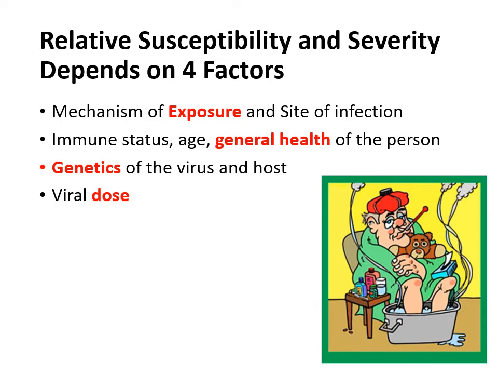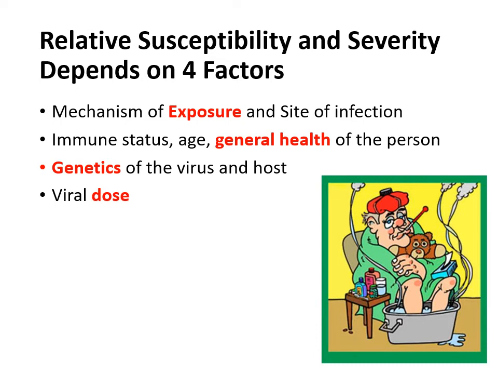So think about it. If someone is very, very young, so a baby, or very, very old, the elderly, and if they're currently immunocompromised, they already have comorbidities, they're more likely to end up having life-threatening symptoms from an infection.